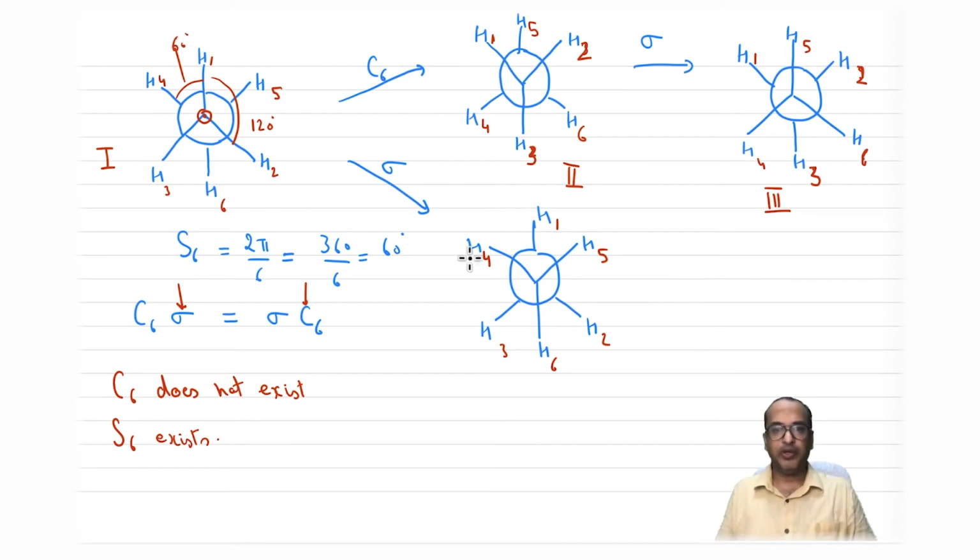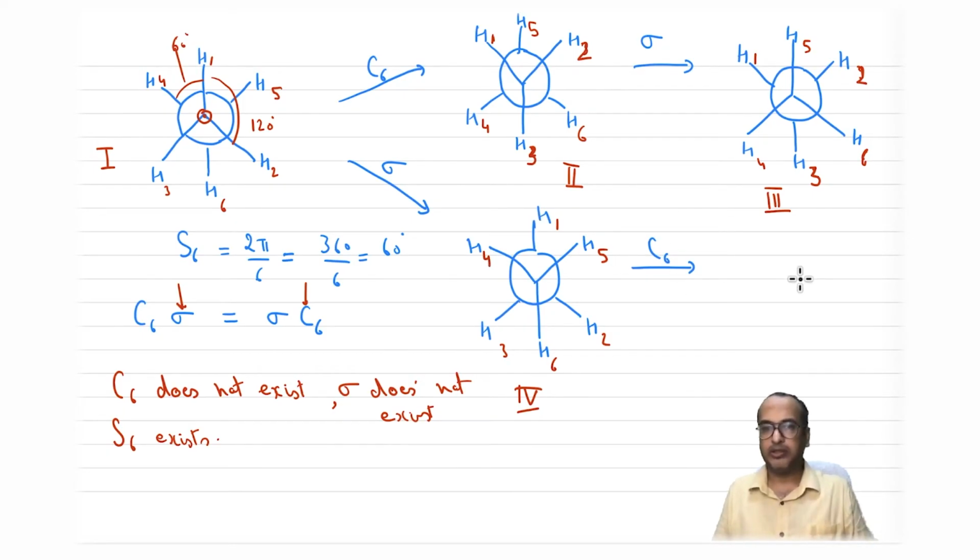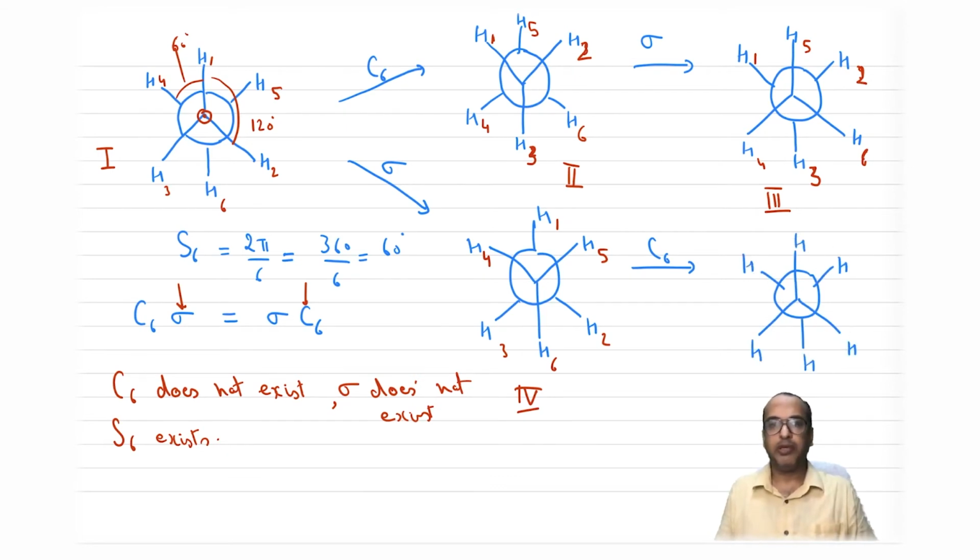Okay, so now again you can see that, let's say this is our fourth configuration. So first and fourth are not equivalent, so we can say that sigma does not exist. Okay, now if we do C6 on this, C6 means again it is a rotation by 60 degrees anti-clockwise. So now what will be the numbering?